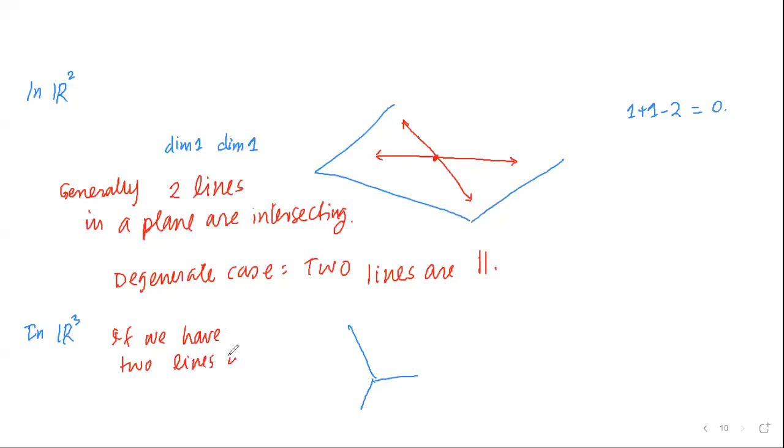Now they have more chance of non-intersection, because the dimension of both lines is 1. So 1 + 1 - 3 = -1. Okay. So now generally the lines will be non-intersecting. In R3, generally the lines are not intersecting.